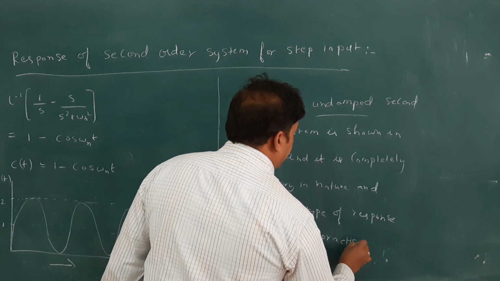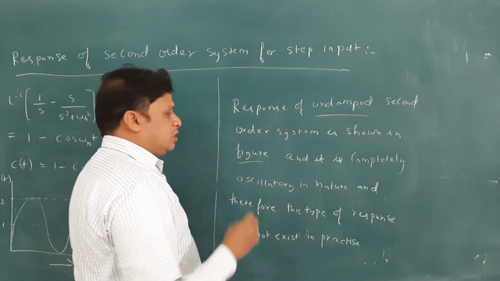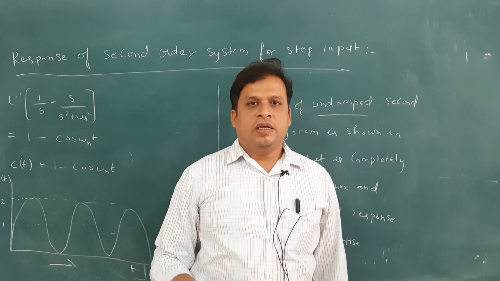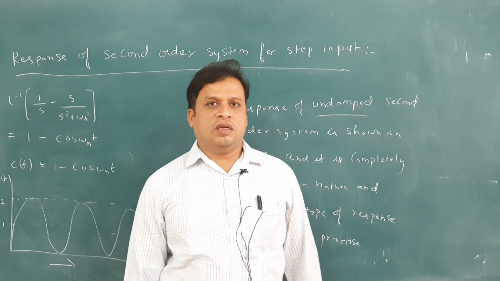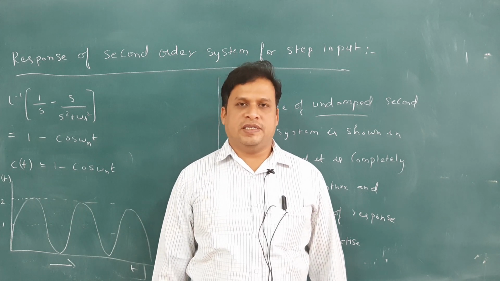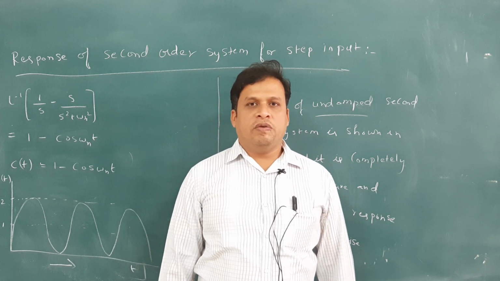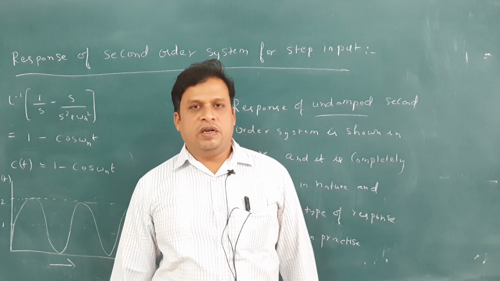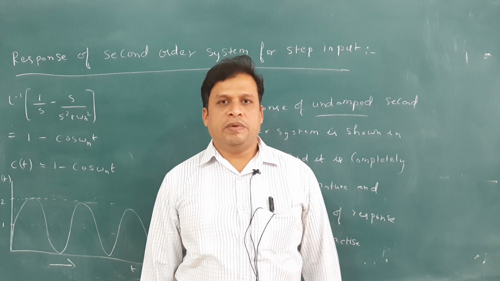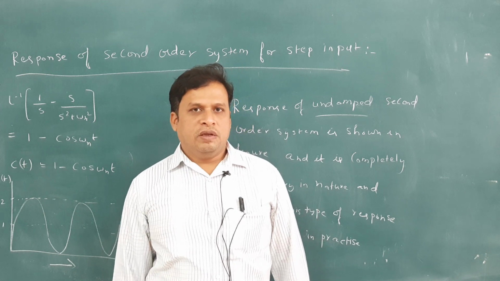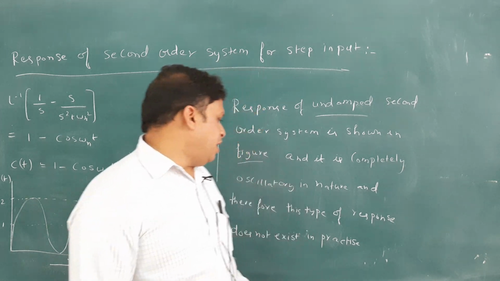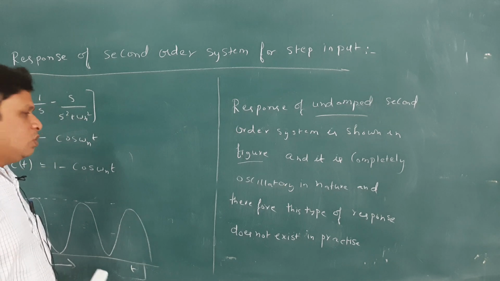It is an undamped second order system, and the response is oscillatory for the unit step input, so we don't have this type of response practically in a system. We also have underdamped, critically damped and overdamped cases, and these are the things we have to check. So we have got the undamped response now.